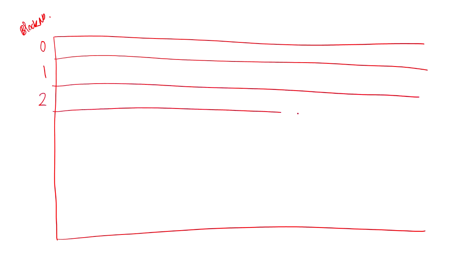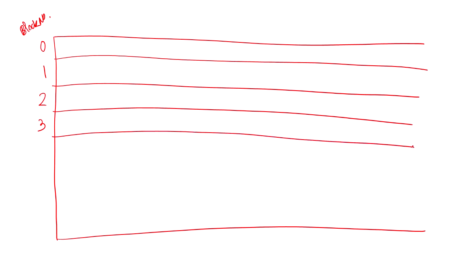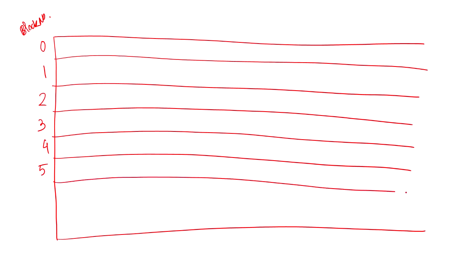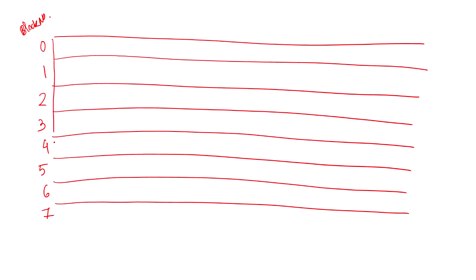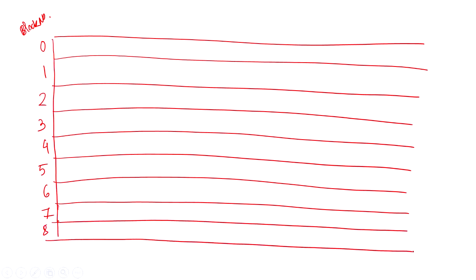So, here is block number, block is 1, block 2, block 3 or cache line 3, 4, 5, 6, 7. So, how many blocks? We have 8 blocks, right? So, it is not required.